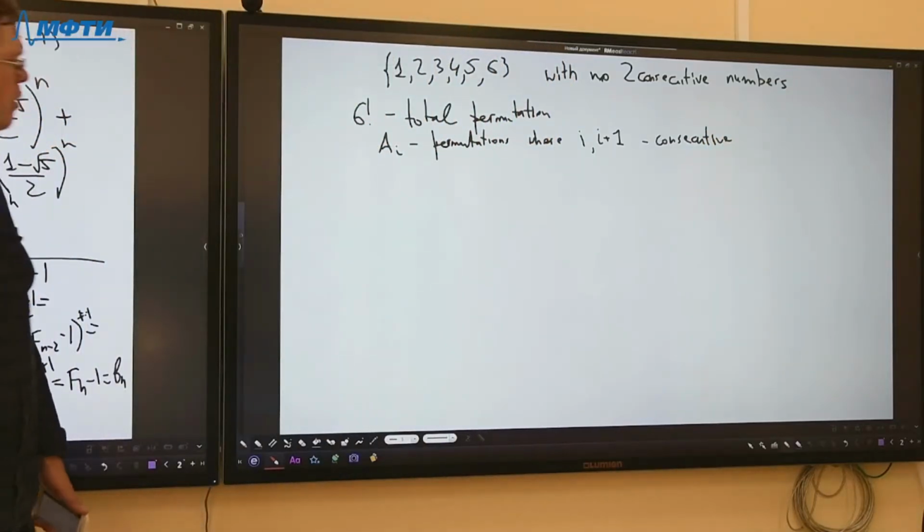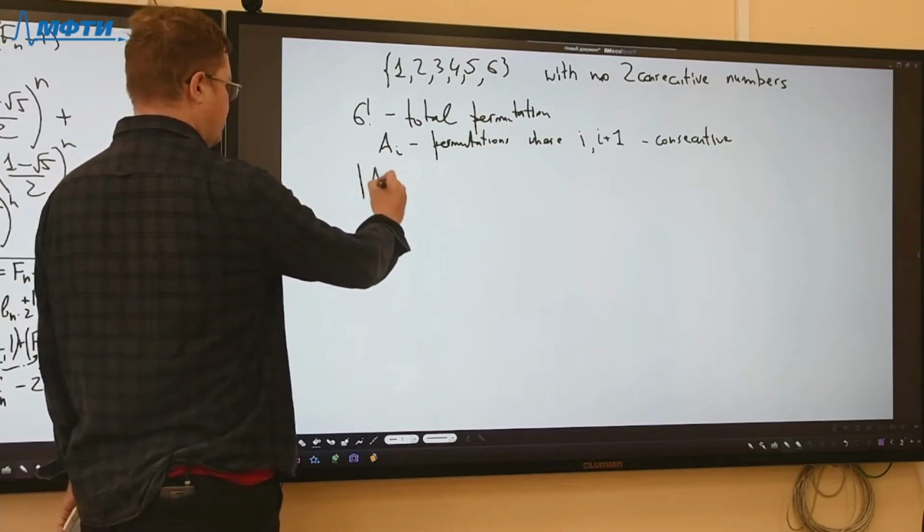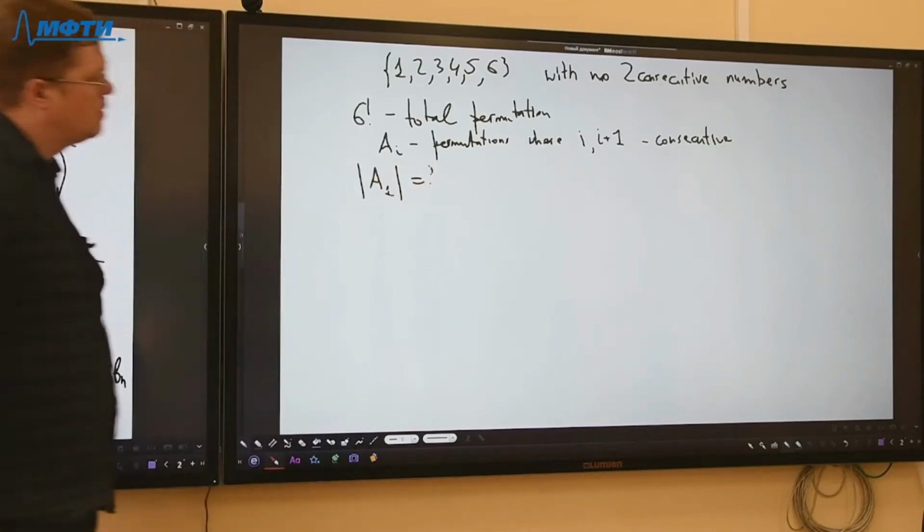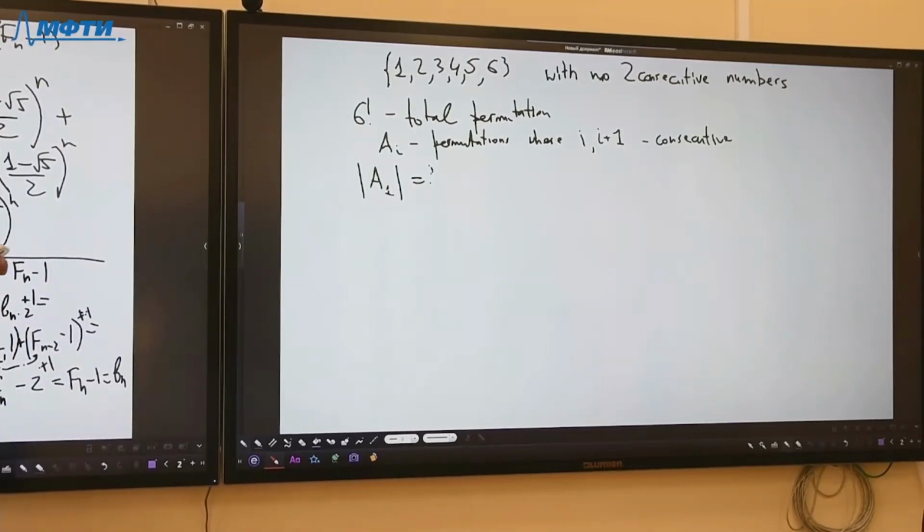And how do we calculate the number of elements in Ai? For example, A1. No? Could you go to the board and explain the solution?